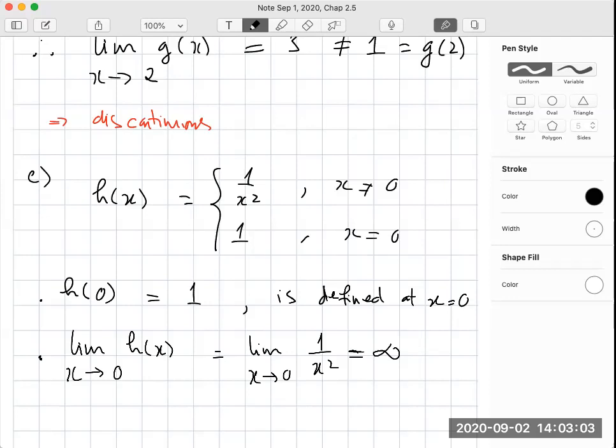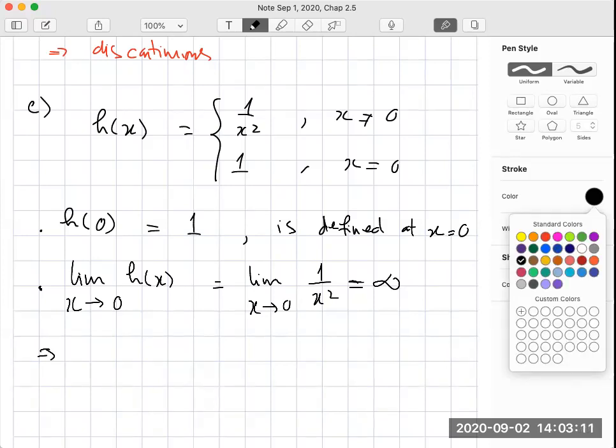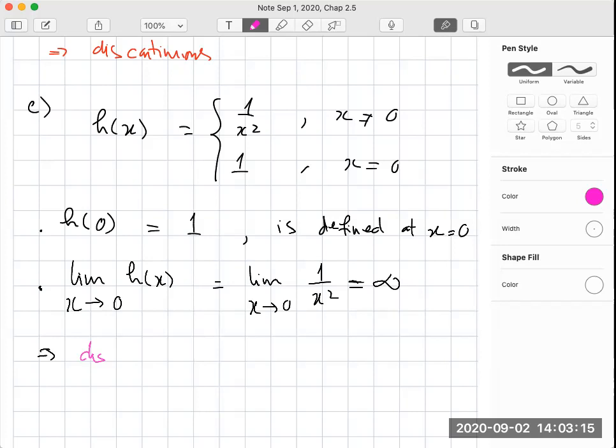So therefore, the limit of this does not exist, then it is not continuous, right? Or discontinuous at x is equal to 0. Okay.